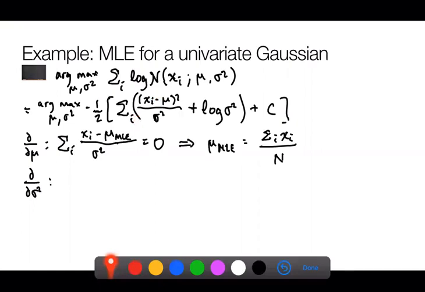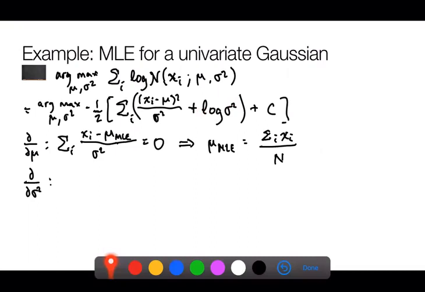well, I get two things that pop out. There's this thing over here, which is something times sigma squared to the negative 1. And so what that's going to give me is negative 1 times sigma squared to the negative 2, because again, I'm treating sigma squared as its own variable. And then this log sigma squared, if I take a derivative with respect to that, it's 1 over sigma squared.